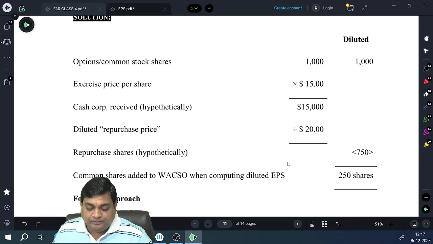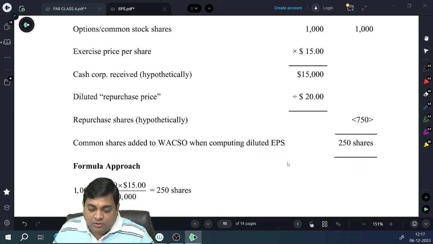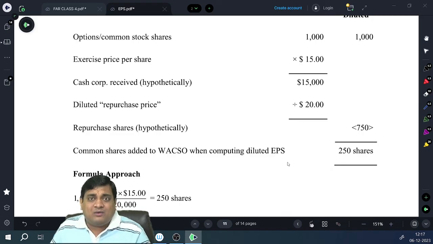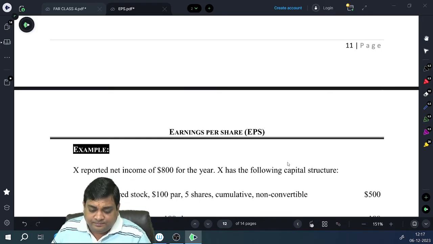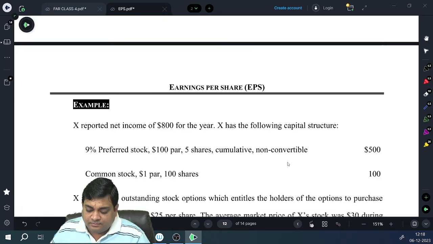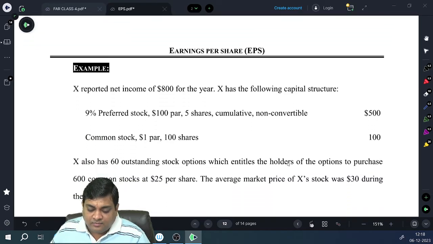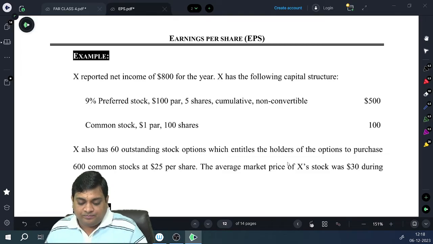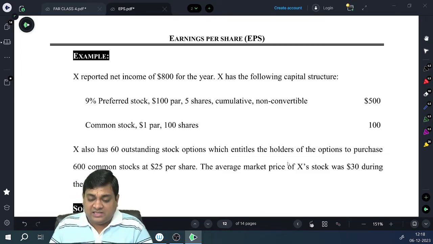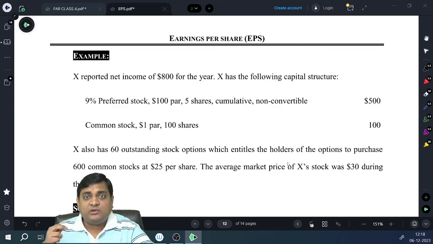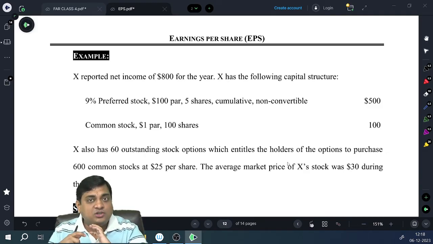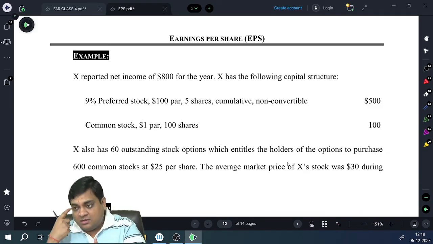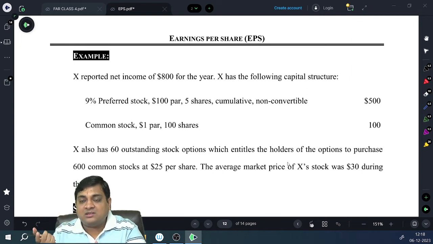See, you can go with the formula approach also, but this is not required actually. So first let me do basic earning per share, right? This is another example. See, one thing you need to remember, you need to practice, practice and practice. The practice gives you a lot of confidence when you go and appear for your exam, right?